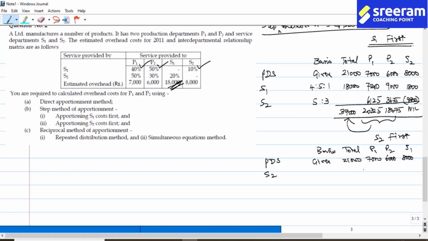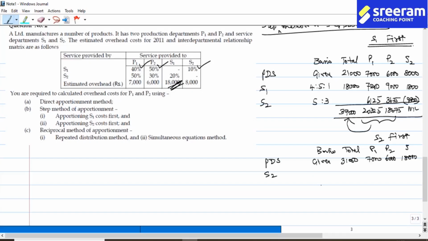S2 first. So here I have to put it out as... I should not be copying like that. I'm committing the mistake. It is 18,000. So 7,000, 6,000, 18,000. It is 13 plus 18, 31,000. Correct?